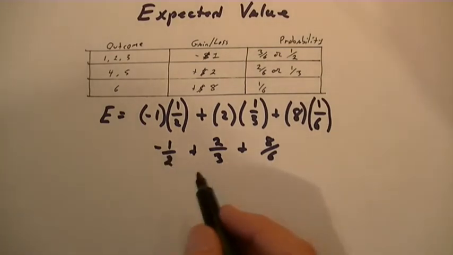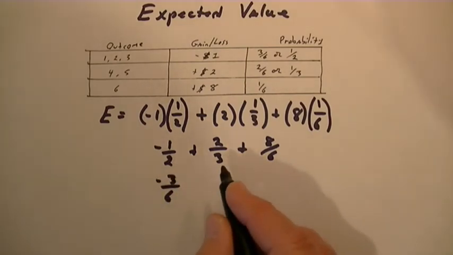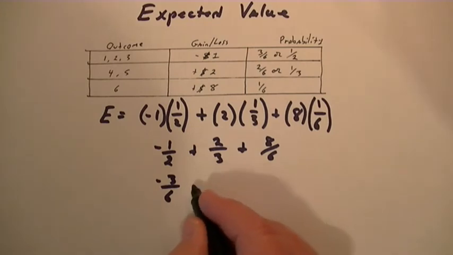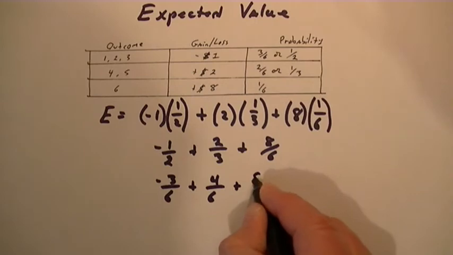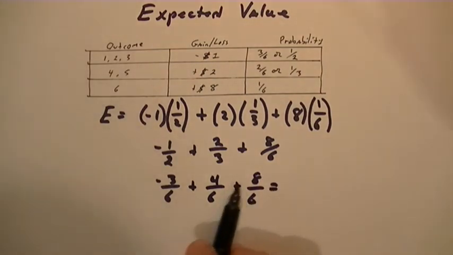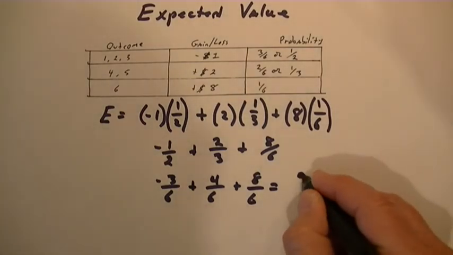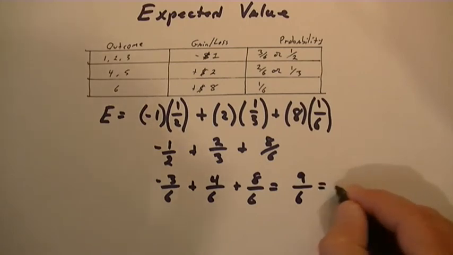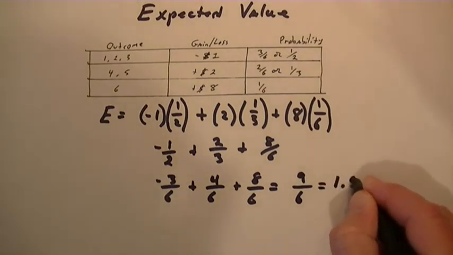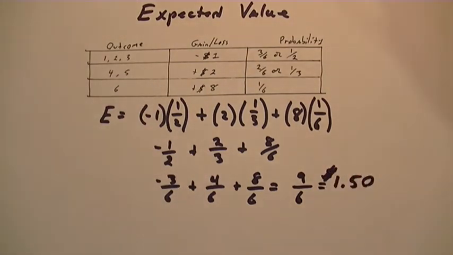So negative 1/2 is really negative 3 over 6, okay? And then this is 4 over 6. And this is still 8 over 6. And let's see, that's 12 minus 3. That's going to be 9 over 6, right? Which is 1.5, or the way to think of this is we can expect that our payback is $1.50.